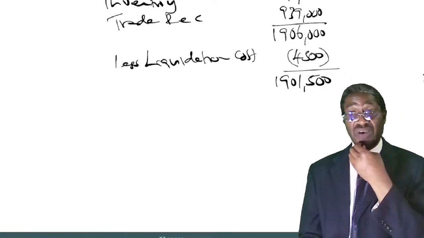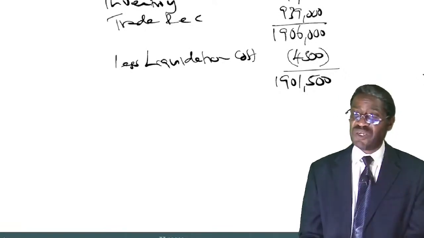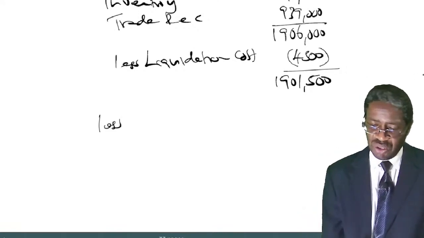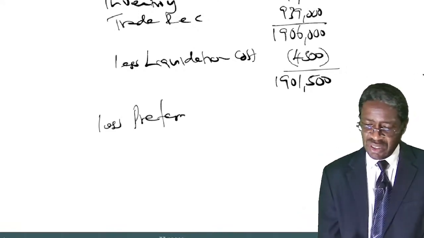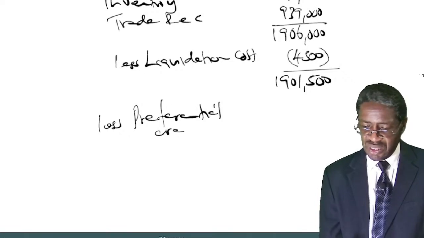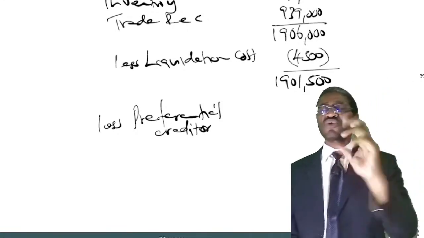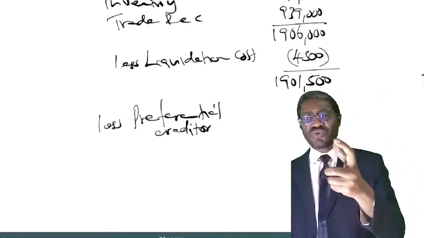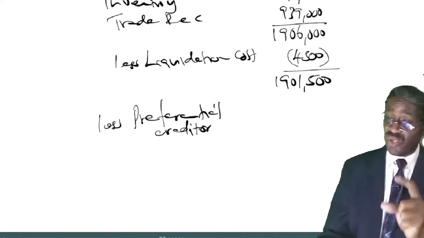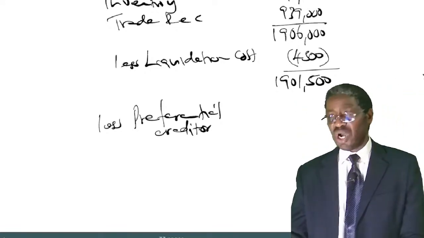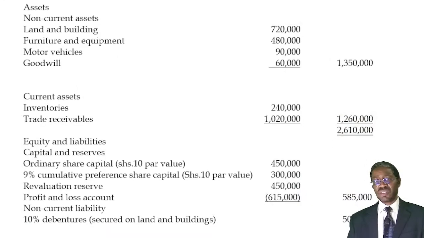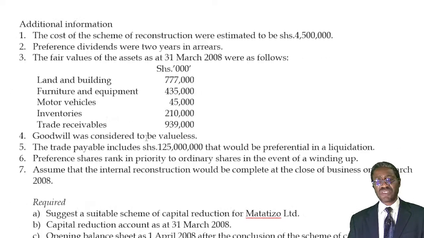Then we go to the next liability in order of priority. After paying liquidation expenses, you now pay the preferential creditors. You come and say less preferential creditors. There is a note that told us out of the creditors, this amount was considered preferential in a liquidation. That was note number 5.